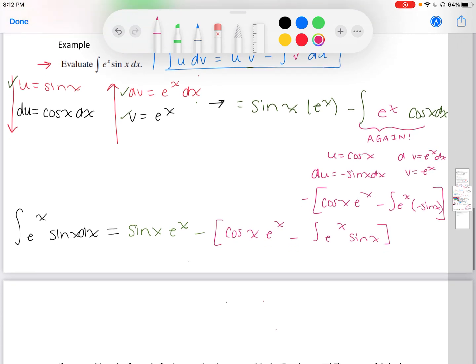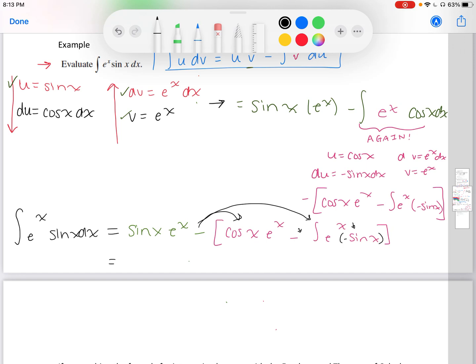Okay, let's clean it up. Mainly let's clean up those negatives. So I forgot that negative there. So we're distributing this negative to each one. And here we have three negatives. We have the first negative to be multiplied, the negative for our equation, and the negative of the sine. So a negative times a negative times a negative is a negative. We should have a negative for that last term.